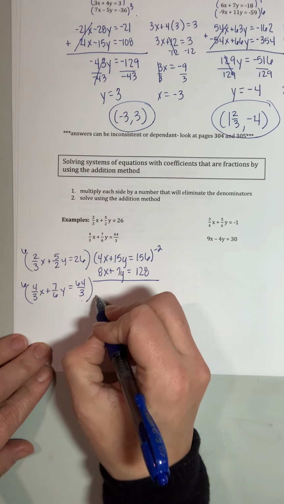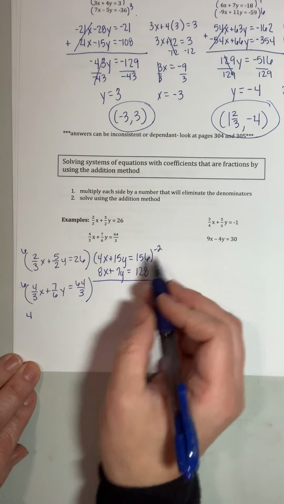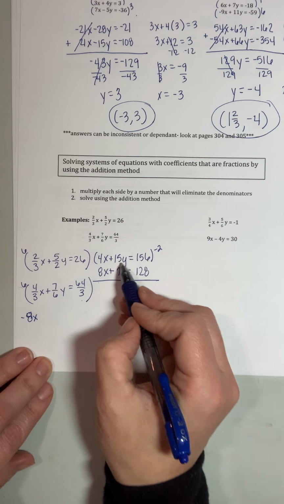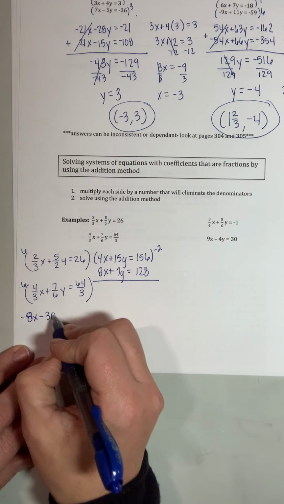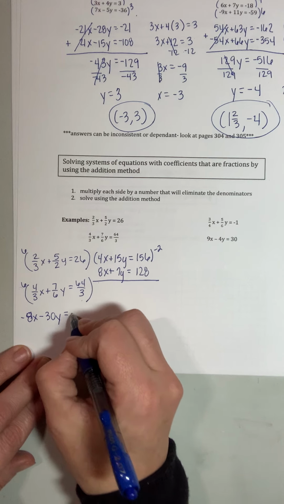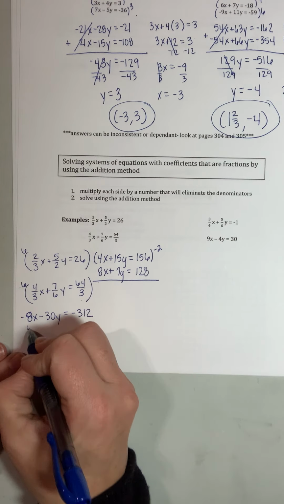So now I have, I'll go down here, 4 times -2 is -8x. 15 times -2 is -30y. And 156 times -2 is -312. This one down here stays.